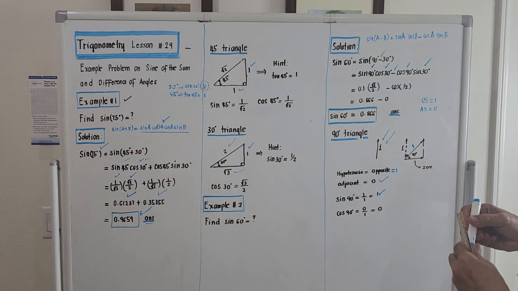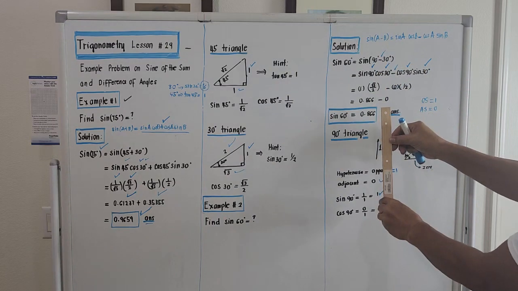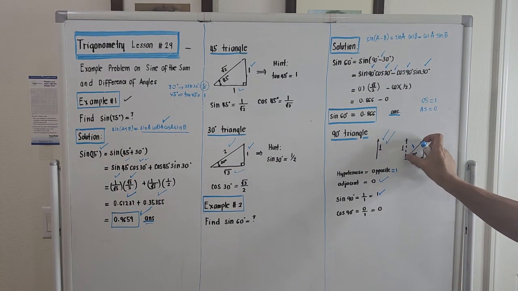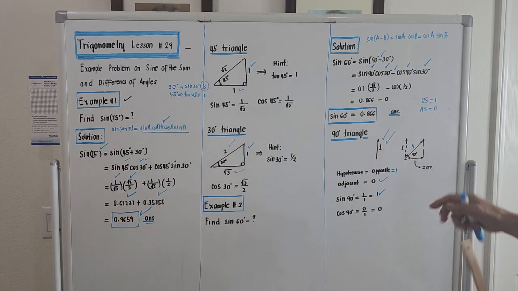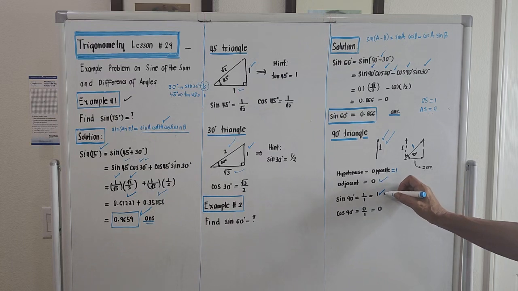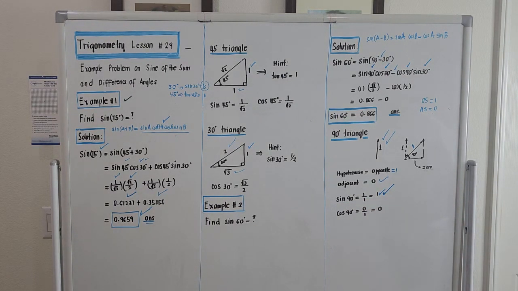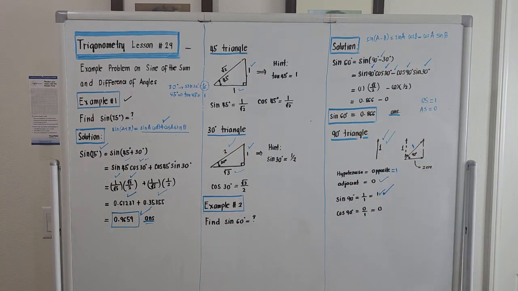Because at the instant that the opposite side is upright, vertically upward, the opposite side is now equal to the hypotenuse. So if we take the ratio of 1 over 1, what comes out is 1. So sine of 90 degrees will be equal to 1. No matter what happens in this world, the sine of 90 degrees will always be 1.